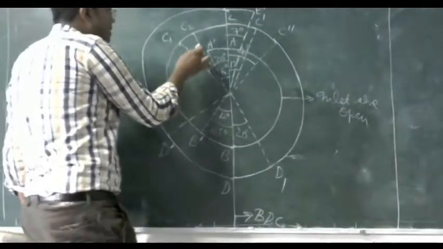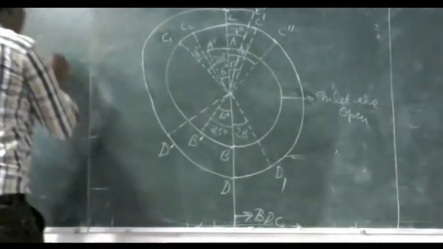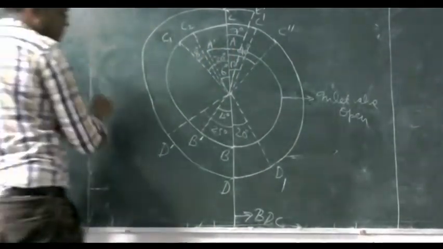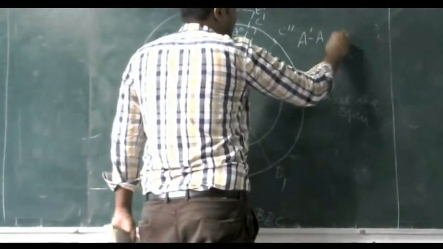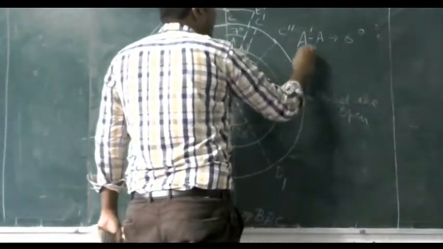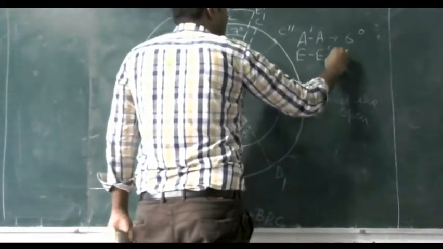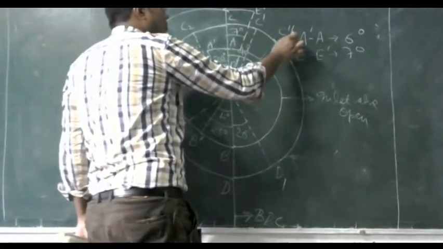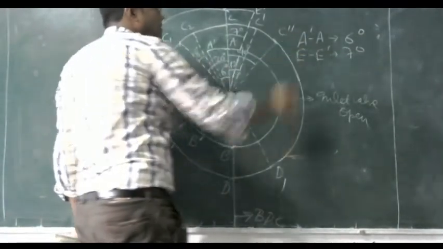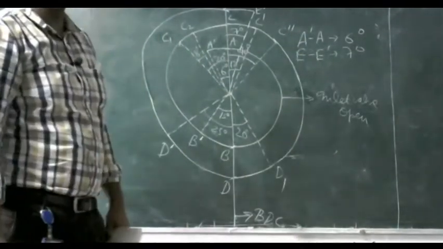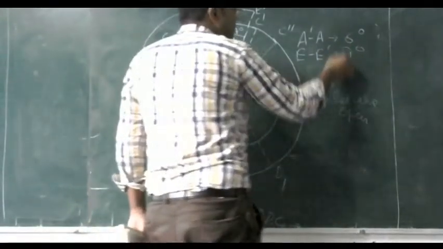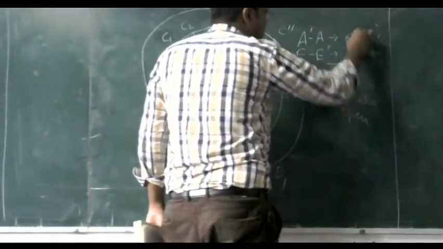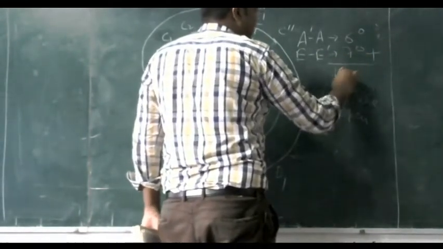From A dash to A, this is 60 degree, and from E to E dash, this is 70 degree. For both these distances, the inlet and exhaust valves are open simultaneously. If we add both these angles, it becomes 130 degree.